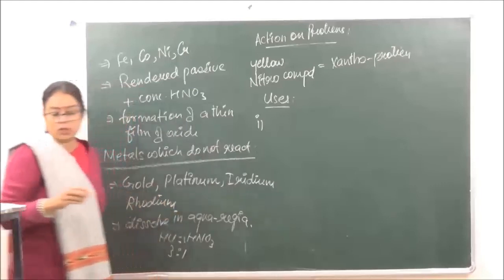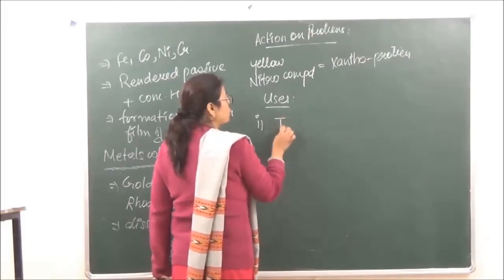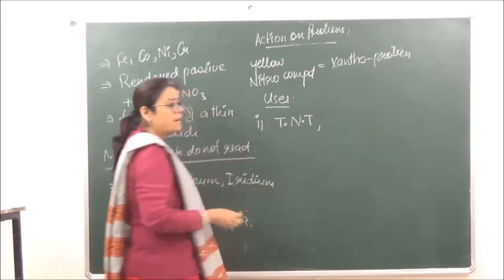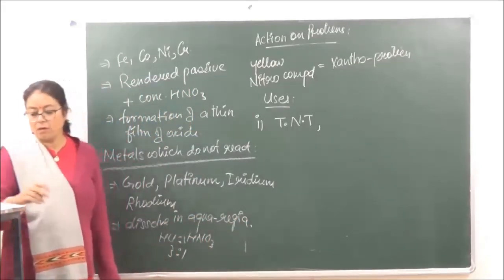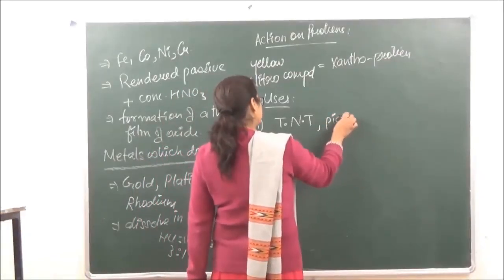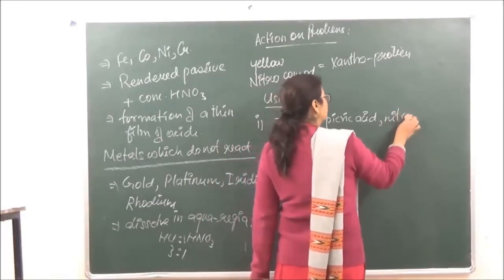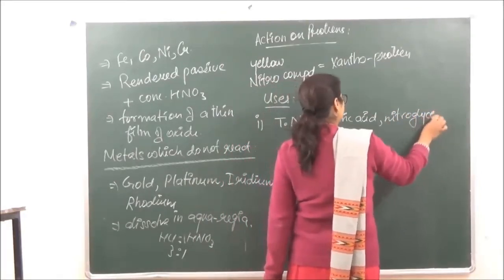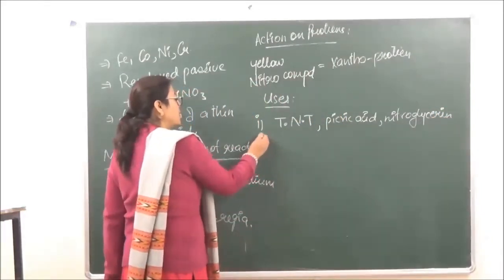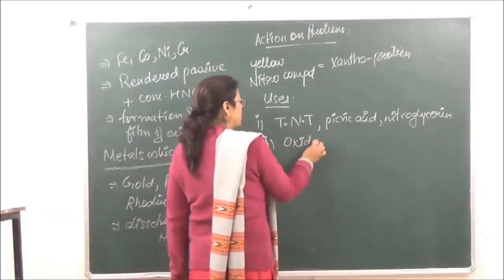Then let's go on to the uses of nitric acid. When we're doing the uses, the first use is that it is used in the manufacture of explosives like trinitrotoluene, dynamite, picric acid, and nitroglycerine. Okay? Number 2, it behaves as a good oxidizing agent. We have already seen all the reactions.